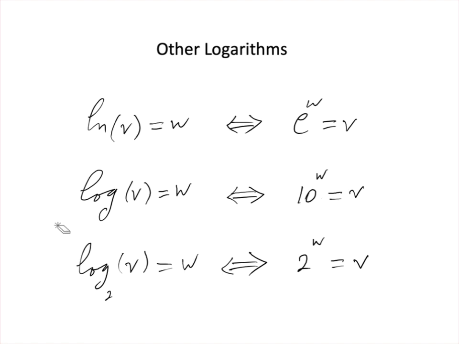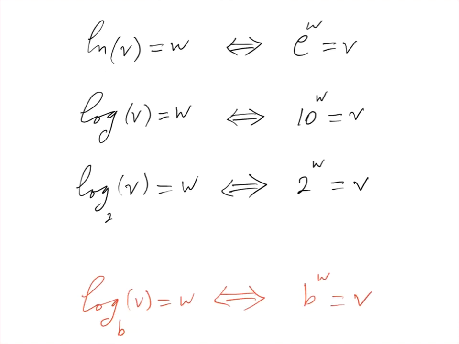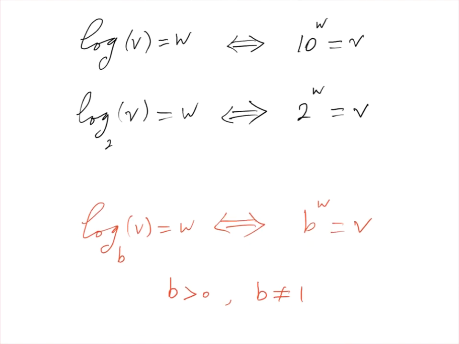We can generalize this to any base. For example, log base 2. For that, we have the inverse function to be 2 to the x. And these are the relationships between exponential and logarithmic function pairs. In general, we write this as log base b.